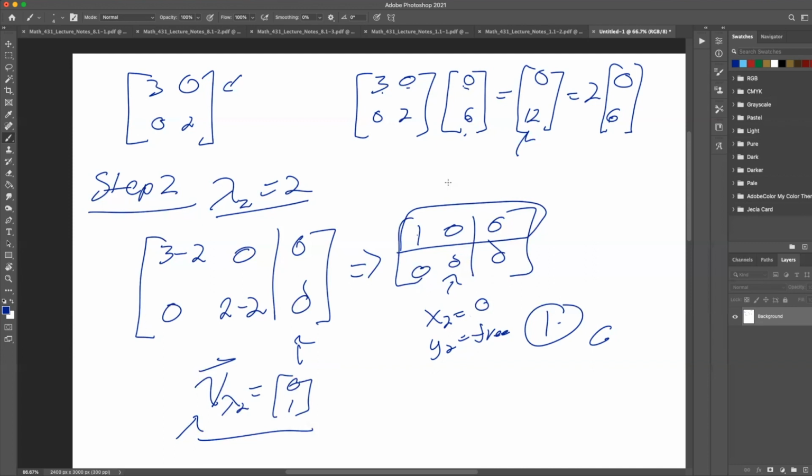Now, if I'm in any direction in between, it doesn't work out that way. However, in those two particular directions, it does. And this becomes very useful for solving differential equations. And so 90% of the time, this is how you're going to solve step 2. You just throw it into the augmented matrix.